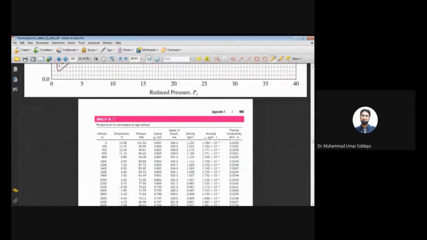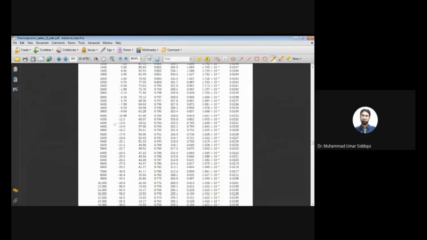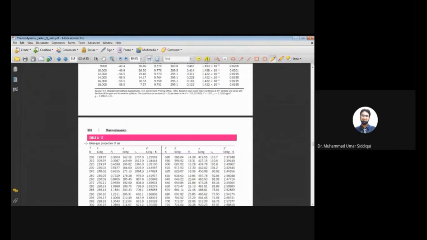Then we have table A16, the properties of the atmosphere at high altitude. At different altitudes, what is the temperature, the pressure, the gravity, the speed of sound. Anyways, this table is not really important for us, but we might use it somewhere. Table A17 is very, very important, and we are going to focus on it in chapter number 9.